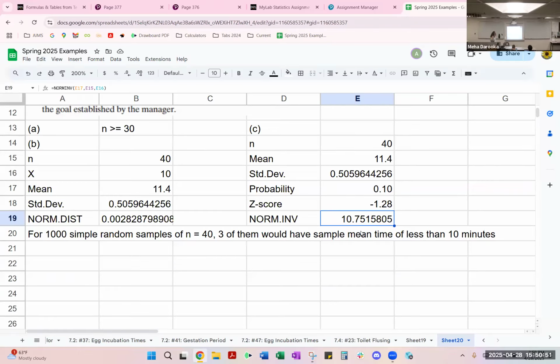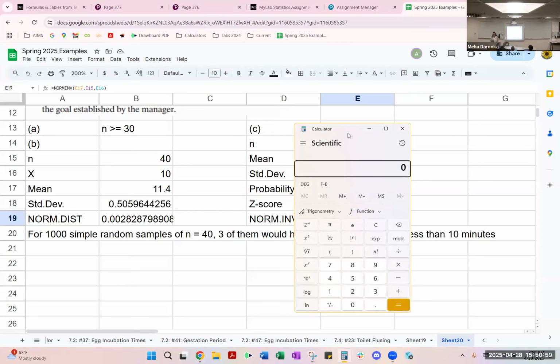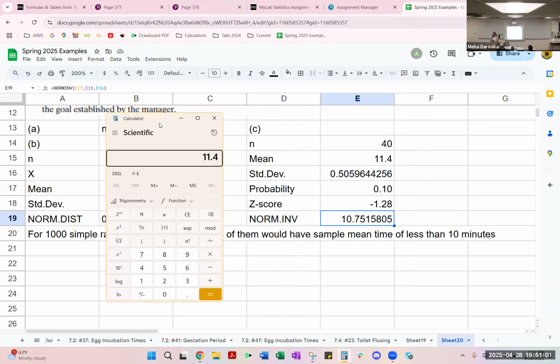Now I'm trying to see how we calculate that with 11.4 as our population mean. So if we took 11.4 and subtracted 0.2, which is the z-score, we came here.